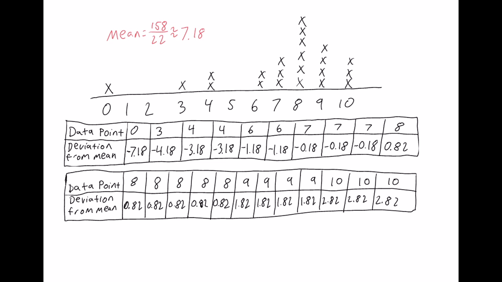So this shows how much variation there is. So on the low end, there's a lot of variation, like negative 7.18 away from the mean. That's pretty far away. On the right end, not as far away, 2.82, but still a decent range.